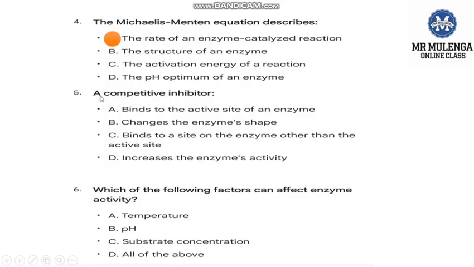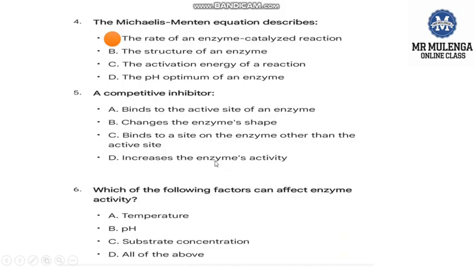So we now come to question 5. The question reads, a competitive inhibitor dash. A. Binds to the active site of an enzyme, B. Changes the enzyme's shape, C. Binds to a site on the enzyme other than the active site, D. Increases the enzyme's activity.